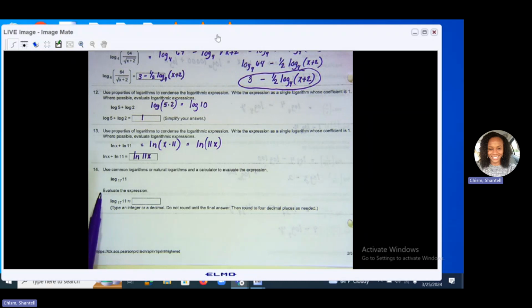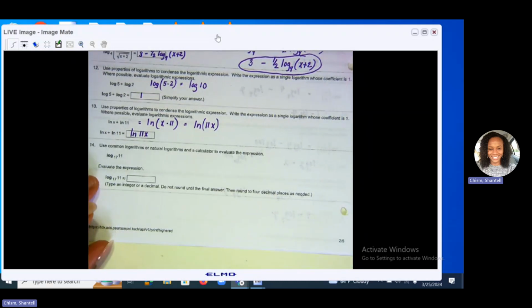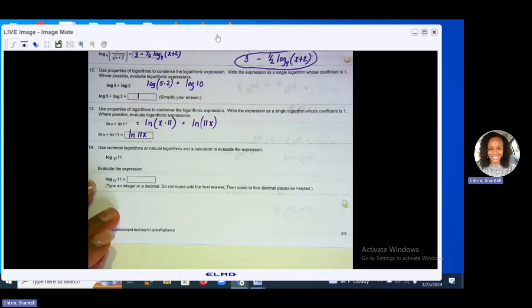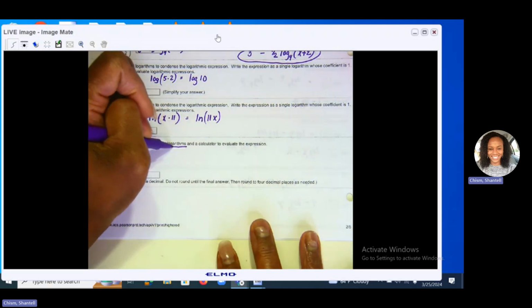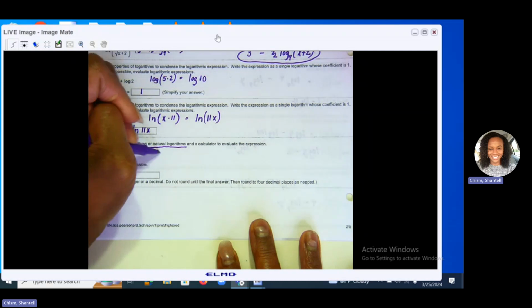I did introduce the change of base property. This is where number 14 is going to come into play. I did introduce the change of base property to you in 3.1, although it's discussed in more detail in 3.2, which is where it actually came up. So this problem is asking you to use common logarithms or natural logarithms. What it's saying basically is the change of base property.